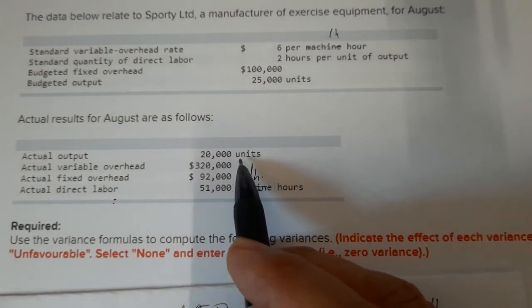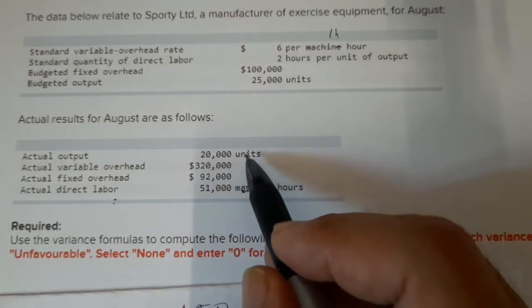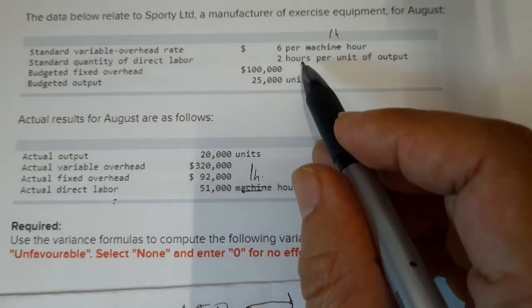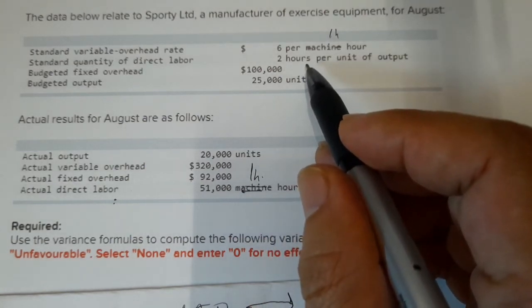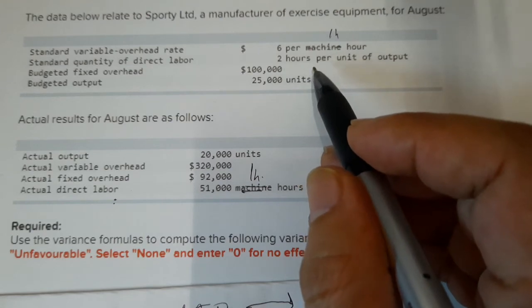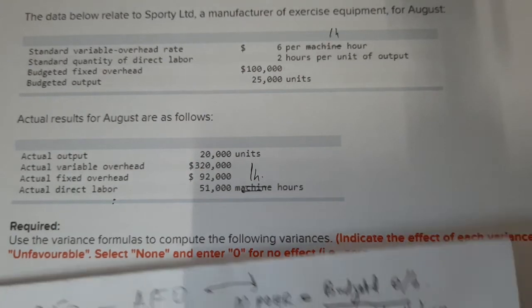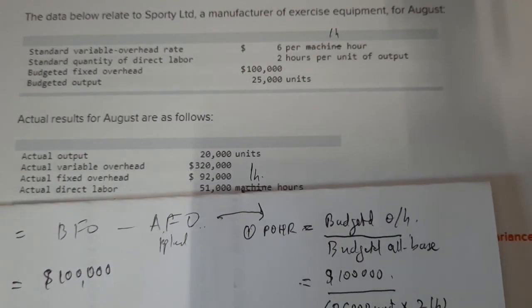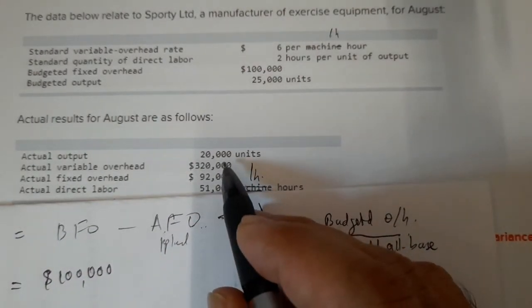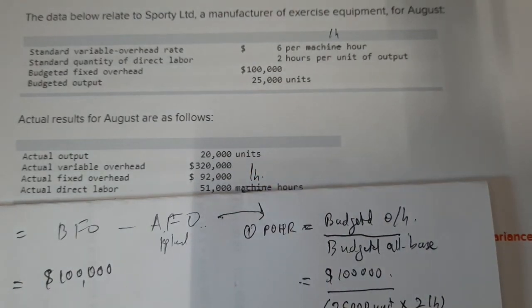So the standard labor hour allowed for this is, for every 1 unit, the standard says only 2 labor hours allowed. So you use this one. So the standard labor hour allowed for this quantity of production is 2 hours times 20,000 units of actual production.